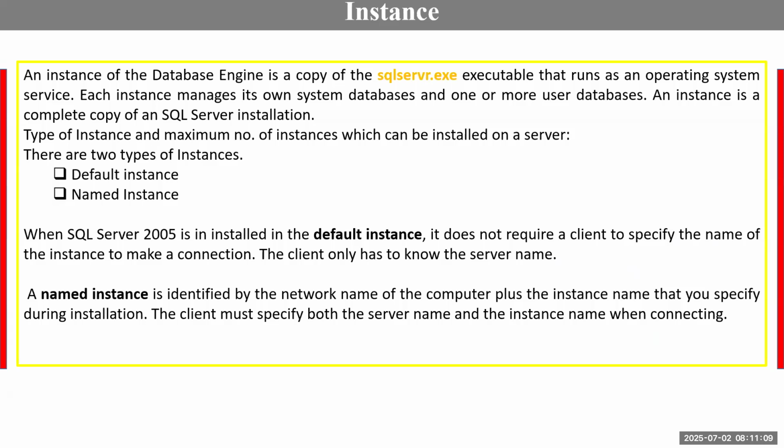In SQL Server, you have two types of instance: a default instance and a named instance. Only one default instance can be installed on any server. A default instance means whatever your computer name or VM name is, the same name is used for SQL Server.